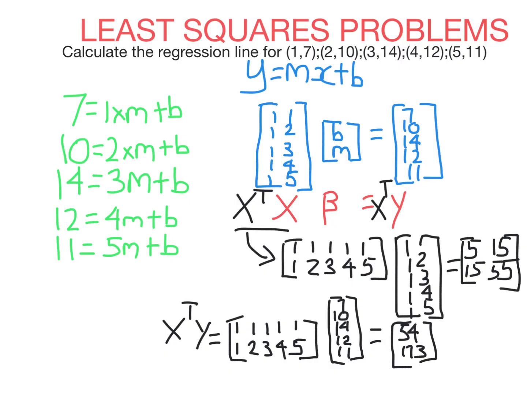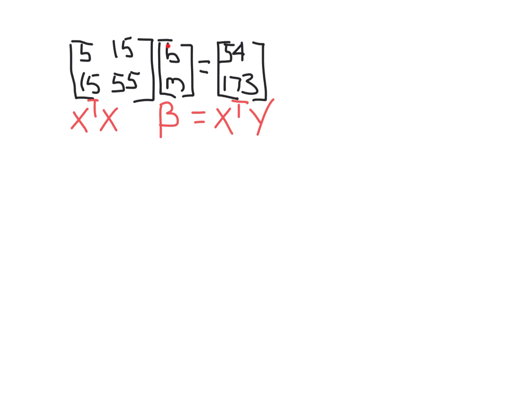Let's now solve that. These are the matrices we obtained on the previous slide. Now this is an easy system to solve. We can just multiply at the front by the inverse of this matrix. Remember that the inverse for this 2 by 2 matrix is 1 over ad minus bc, which is 275 minus 15 times 15.